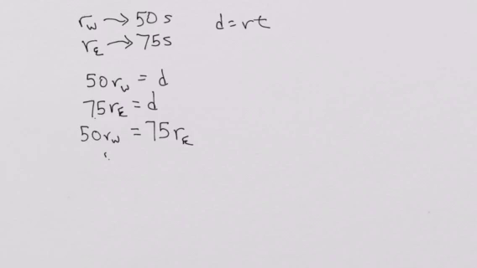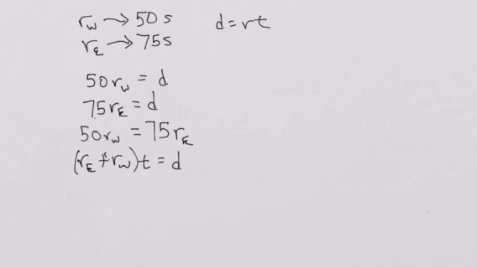If both things are working together, then my rate is going to be R sub E plus R sub W. That's the escalator's pace plus my walking pace times time is going to equal that same D.